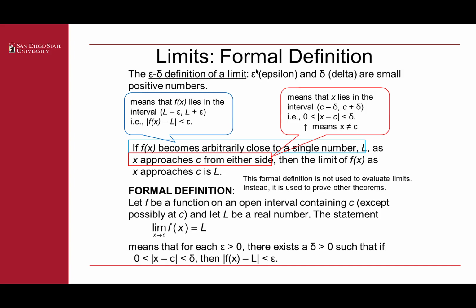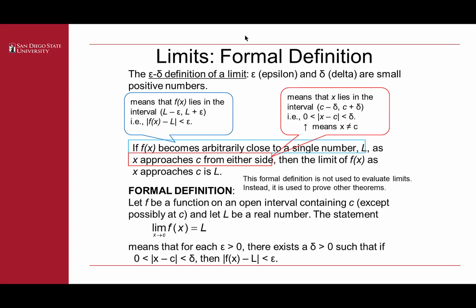On the other hand, x approaches c from either side means that x lies in the interval lower bounded by c minus delta and upper bounded by c plus delta, which translates as the absolute value of x minus c should be between 0 and delta, and x, in this case, could not be equal to c. So we can put things together and build the formal definition.